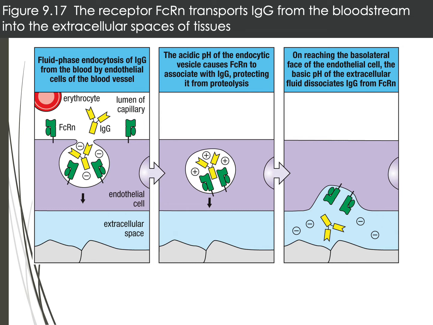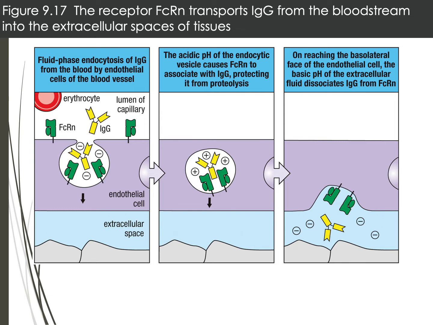So here you see on these endothelial cells, they have Fc receptors. And so when you have IgG, it's going to be able to bind to those Fc receptors so it can be transported into the extracellular space. So this is how antibodies are going to get past cell layers, things like endothelial layers and epithelial layers.